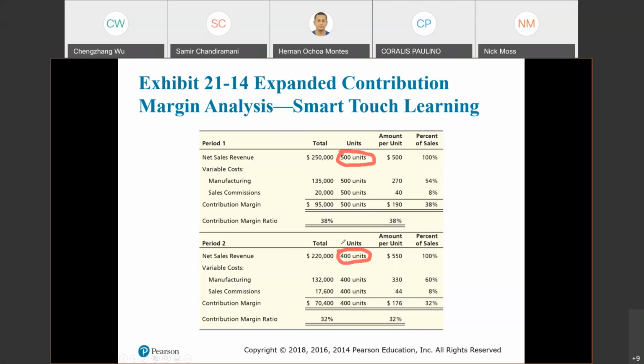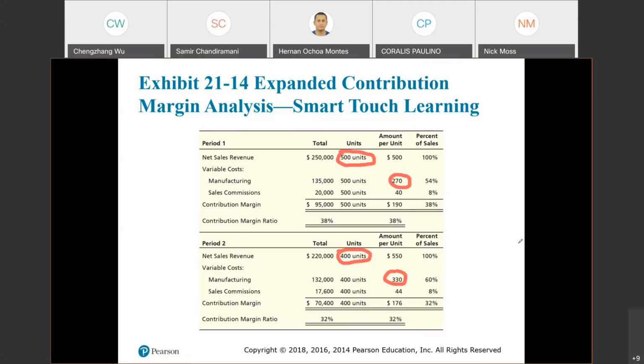Well, this decrease in units resulted in the increase in variable costs. We can see here, there is an increase of $30.